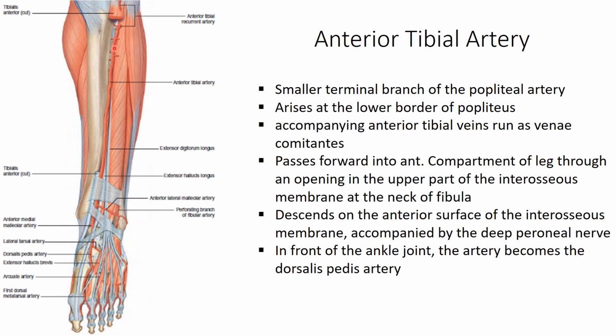Then it descends on the anterior surface of the interosseous membrane accompanied by the deep peroneal nerve, and then in front of the ankle joint, as it passes between these malleoli, the artery becomes the dorsalis pedis artery. This is now transformed into the dorsalis pedis artery.